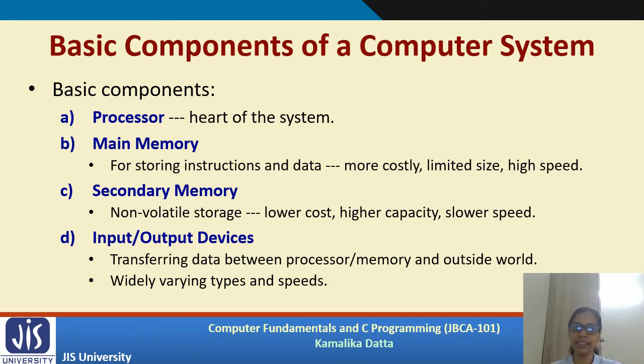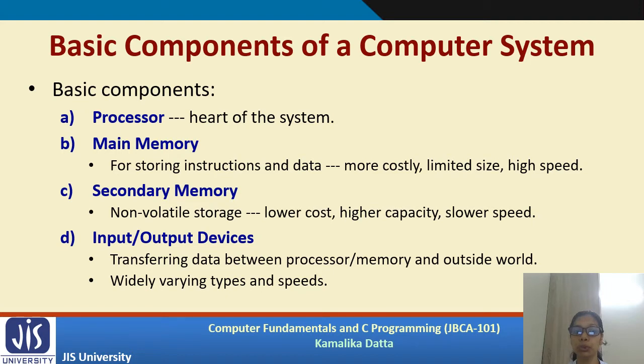The next level is a little bigger than the lower level, but less fast. So the speed decreases as we move from lower level memories to higher level. We'll discuss all these details later, but very briefly, you should know that main memory is used for storing instructions and data.